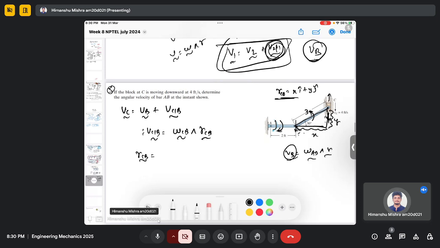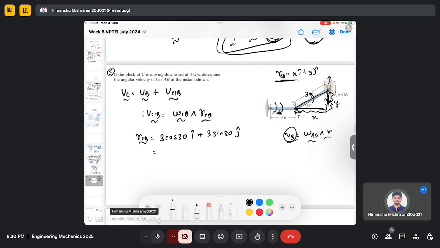So my x will be 3 cos 30 i plus 3 sin 30 j, so this will be 2.598 i plus 1.5 j.